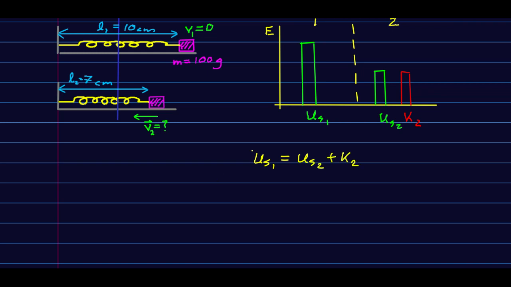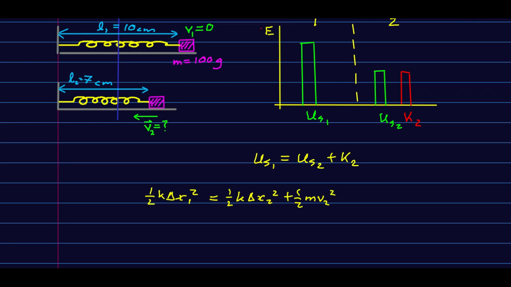And so now we can just substitute in the different expressions. US1 is a half k delta x1 squared. US2 is a half k delta x2 squared. And K2 is a half m V2 squared.